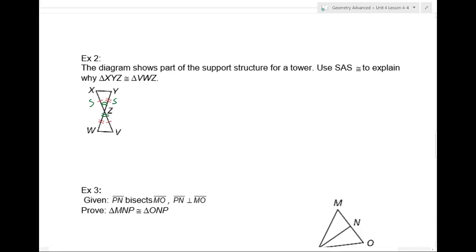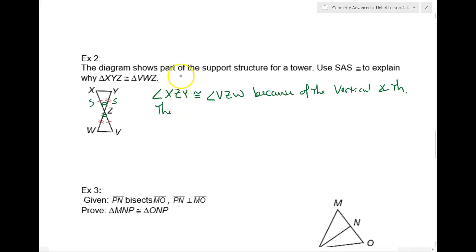So here's really cool. So let's write this down so we can explain what we're doing. So we have here angle XZY is congruent to angle VZW because of the vertical angle theorem, right?